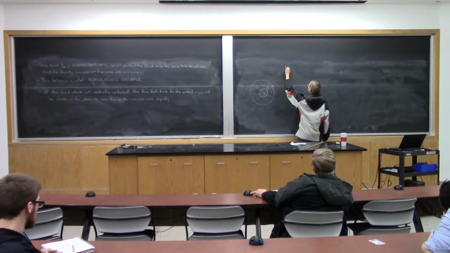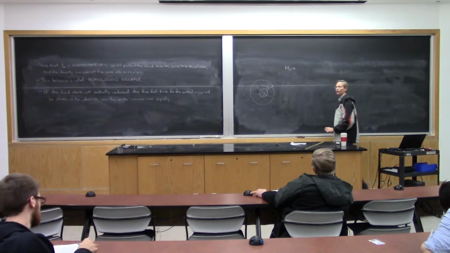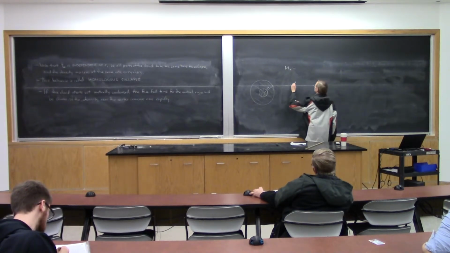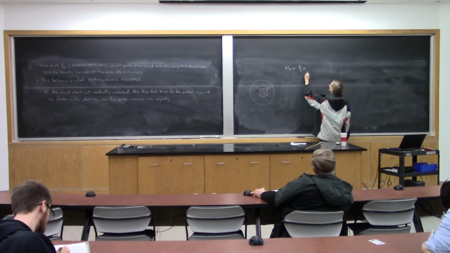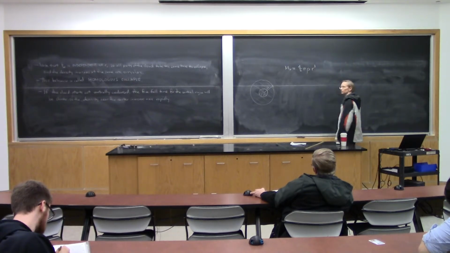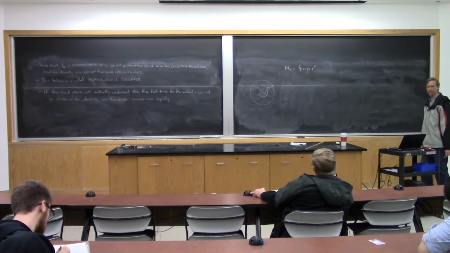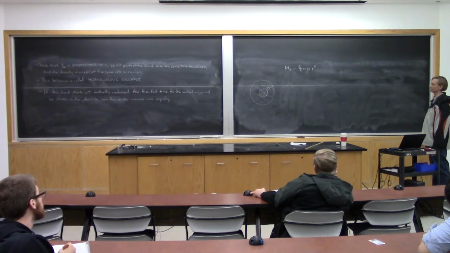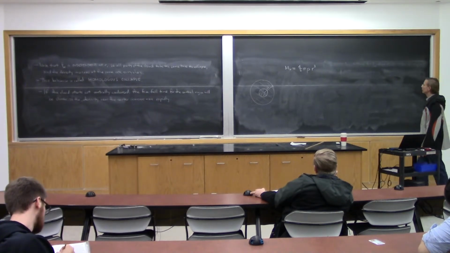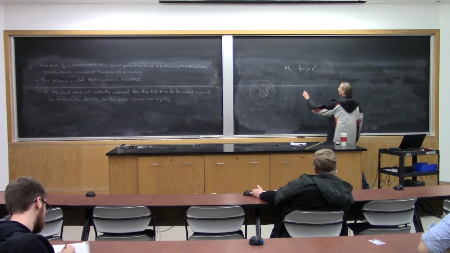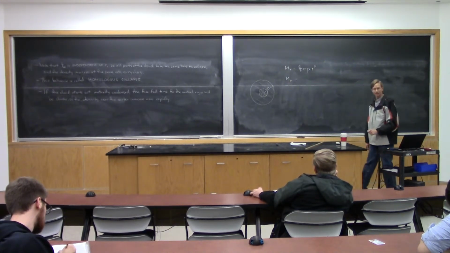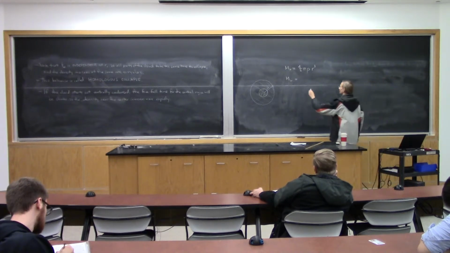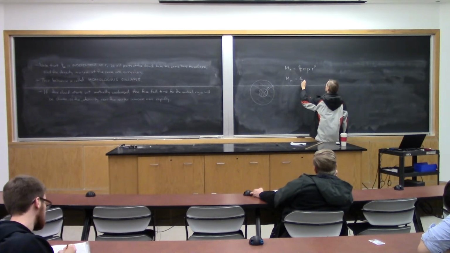So m sub r is going to be 4/3 pi rho r cubed, right? Density times volume. And m for 2r, the mass interior to radius 2r, will be 4/3 pi.